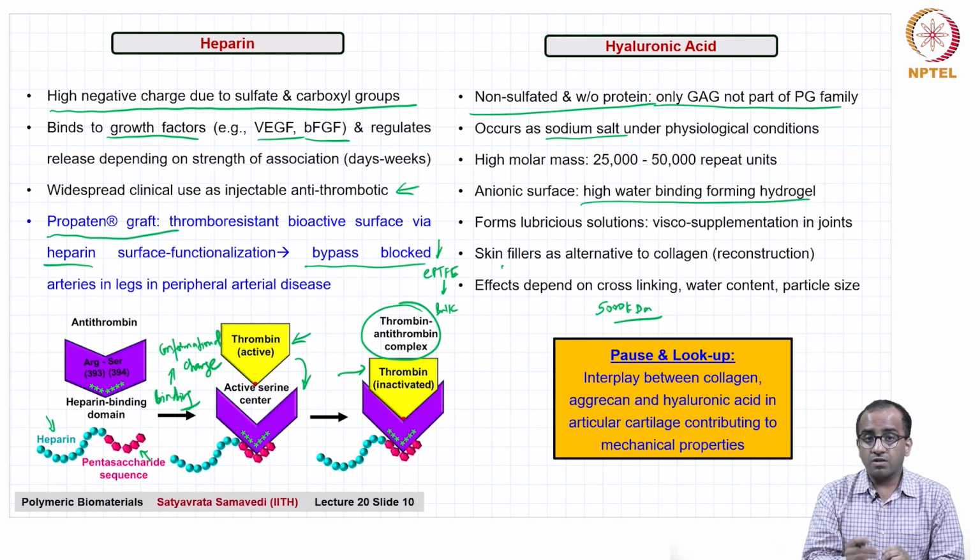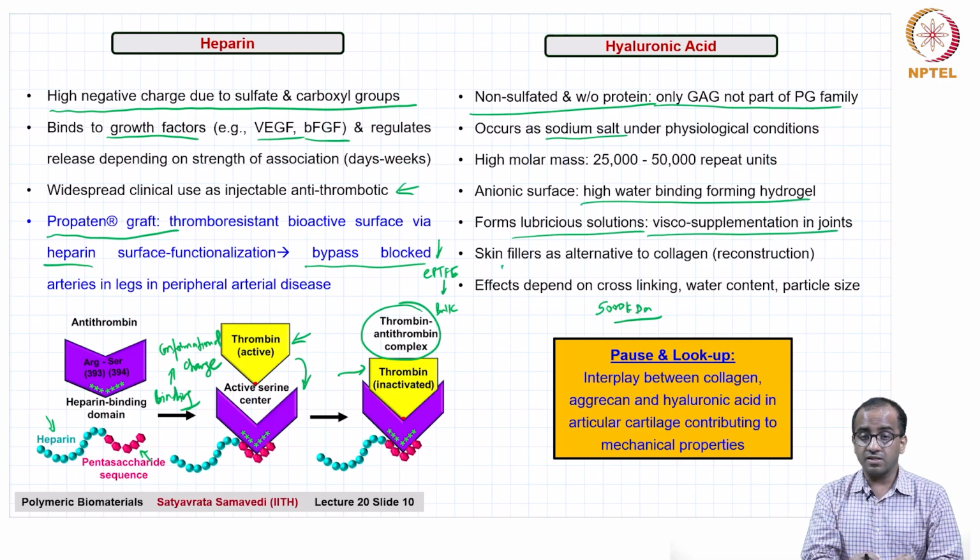It has a very high water binding capacity like with all other GAGs. Interestingly, it also forms these lubricious solutions which now help hyaluronic acid be used as viscosupplementation in joints. So this is one of the therapies that's initially recommended for patients suffering from osteoarthritis, where hyaluronic acid could be injected into the knee to bring back some of the viscosupplementation in the joint where the cartilage may have started to degrade.